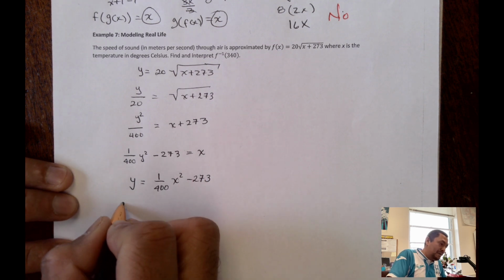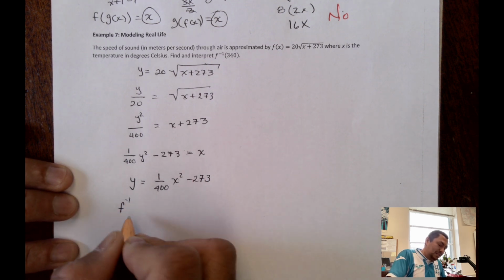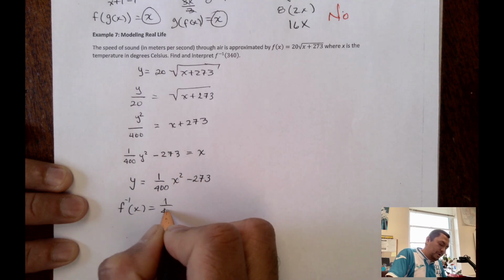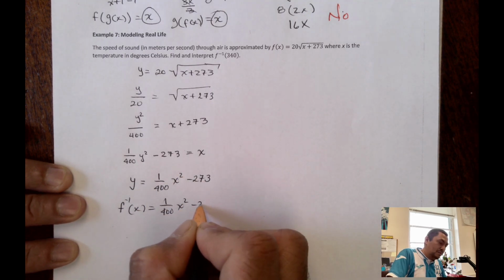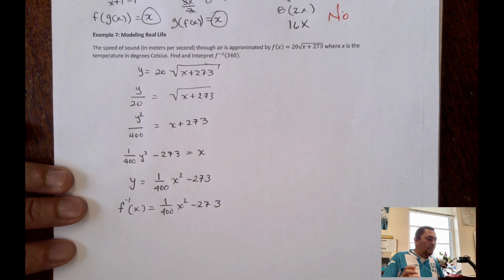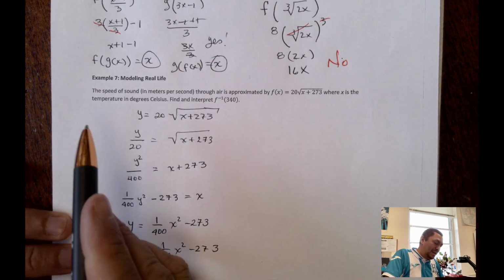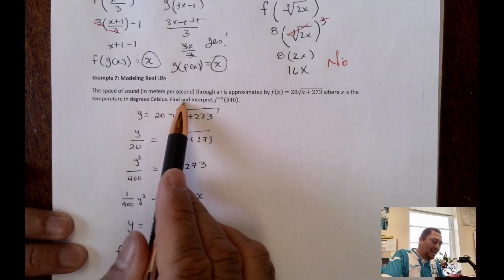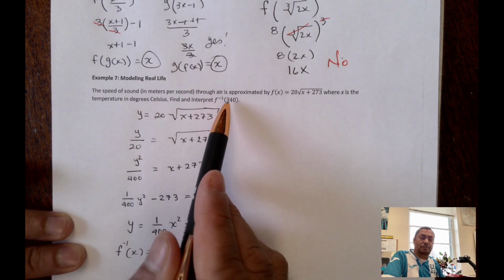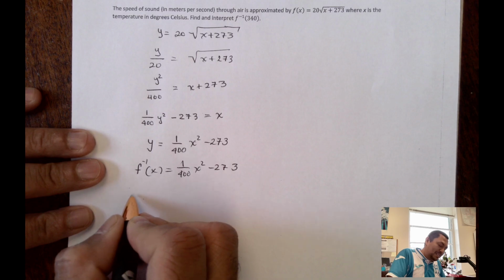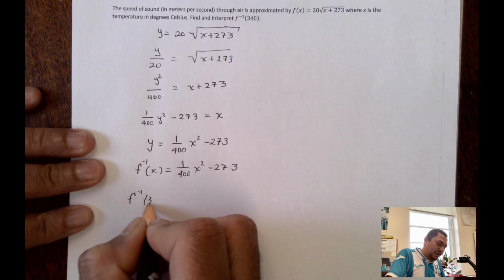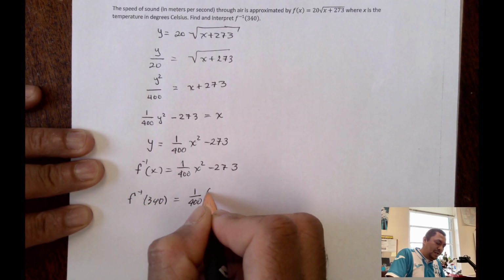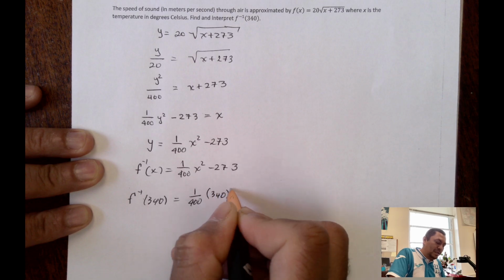So f inverse of x equals 1 over 400 x squared minus 273. Now what it says here is that x is the temperature in degrees Celsius, find and interpret f inverse of 340. So f inverse of 340 equals 1 over 400 times 340 squared minus 273.